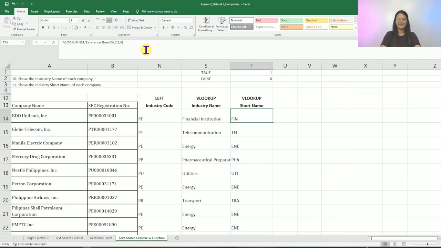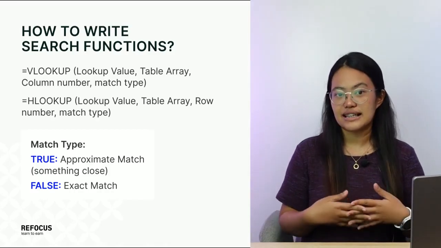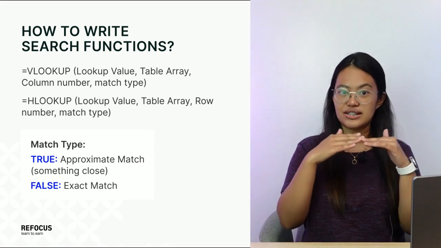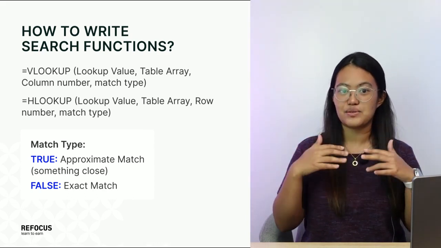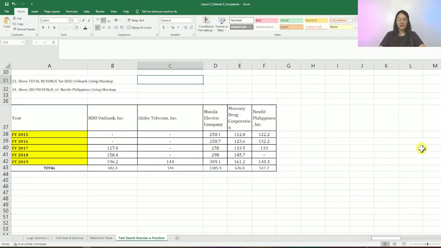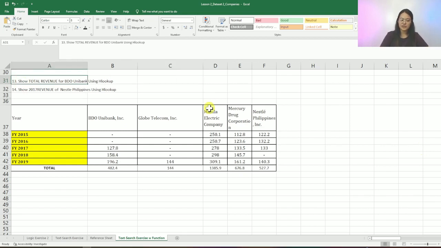That's it. Now we will take a look at HLOOKUP. This works as you are looking horizontally first and then looking at the rows from top to bottom. Let's see how it works. So this is our reference table for HLOOKUP. Let's say we want to show the total revenue for BDO Unibank using HLOOKUP function.